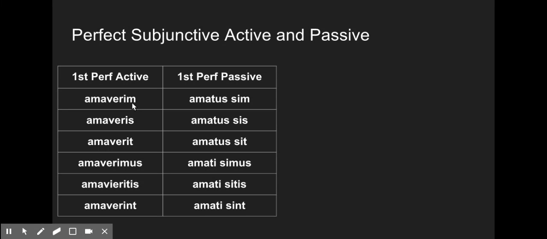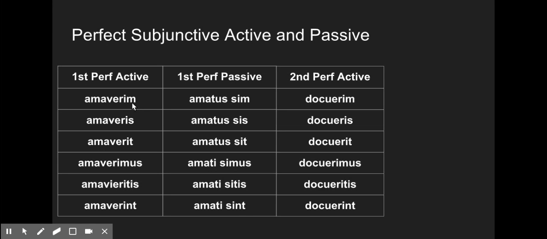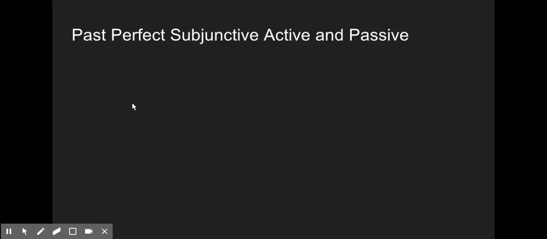So the present subjunctive of sum is sim, sis, sit, simus, sitis, sint. And then the second conjugation is exactly the same. Because remember, the perfect system, which encompasses the perfect, the past perfect, and the future perfect, is the same for all conjugations. That's what's really nice about the perfect.